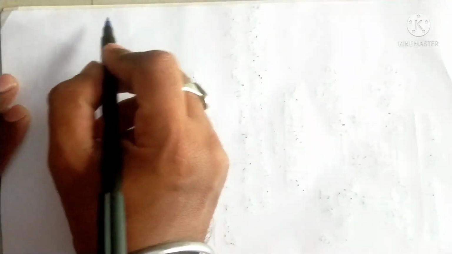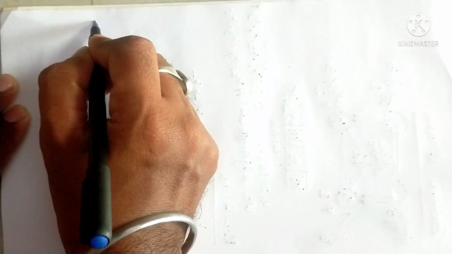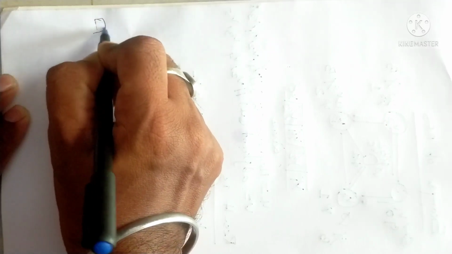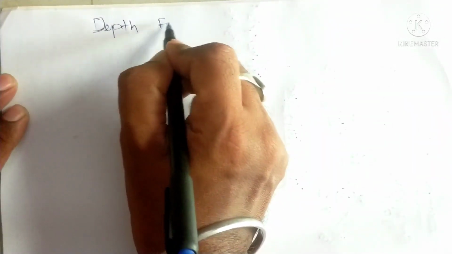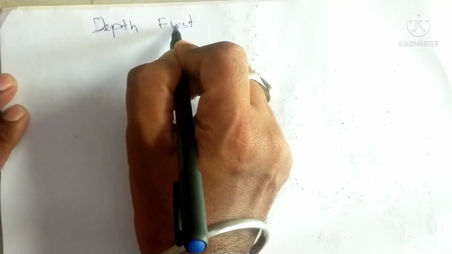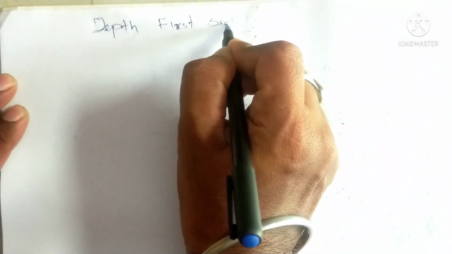Today we'll discuss your next searching algorithm in graphs, called DFS or depth first search.